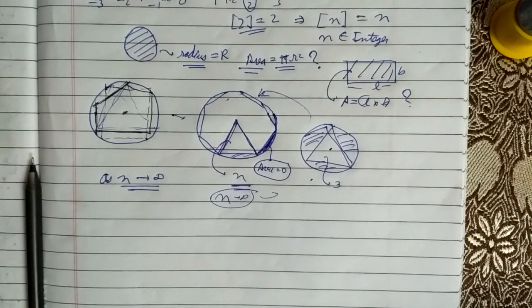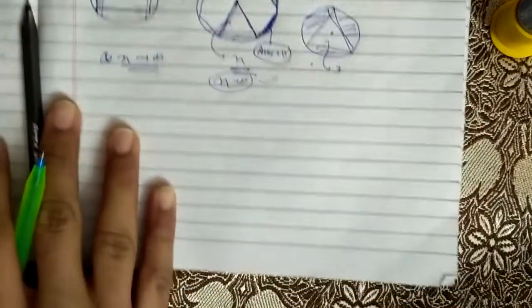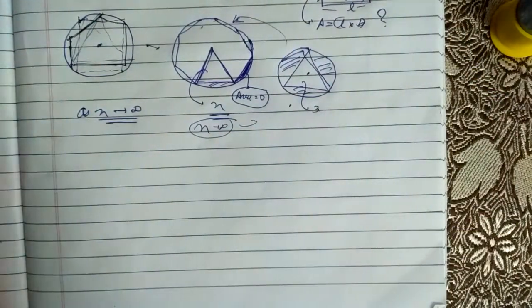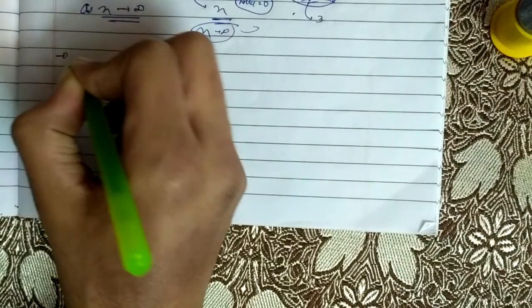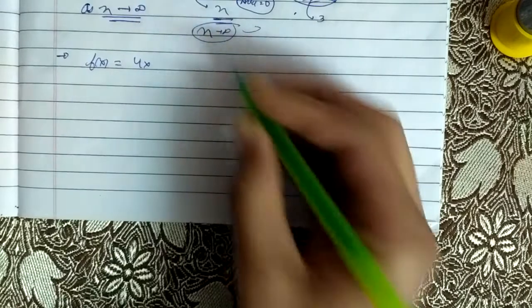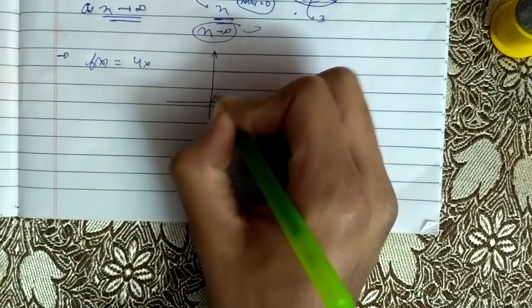Okay, so moving forward, now we will define the neighborhood of a point. For example, we take a graph of f of x equal to 4x. If we draw its graph, it would look like this.